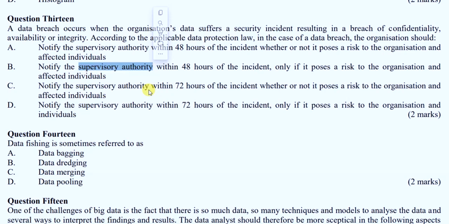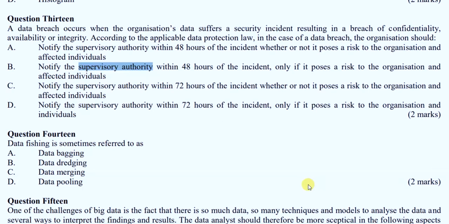But in case of the Data Protection Act in Kenya on the notification and communication of breach, the term used in the Kenyan law is not supervisory authority, but data commissioner.